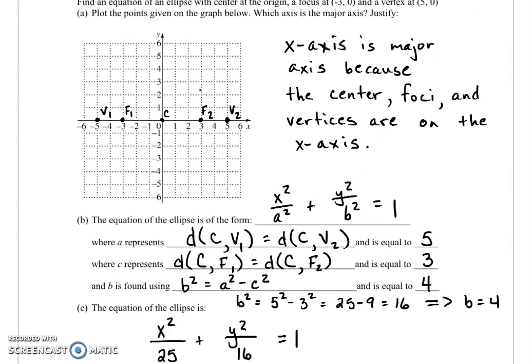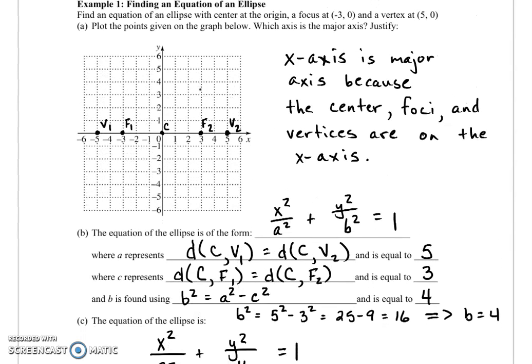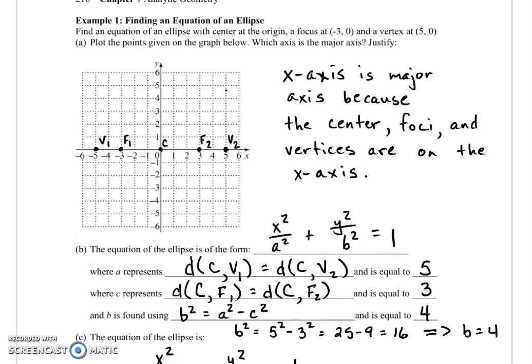Now if we go back to our graph, the only thing we're missing is our 2 points on our minor axis, and remember we find that by using B. So starting at the center, we go up 4 on the minor axis, and down 4 on the minor axis, because that's the way it works.